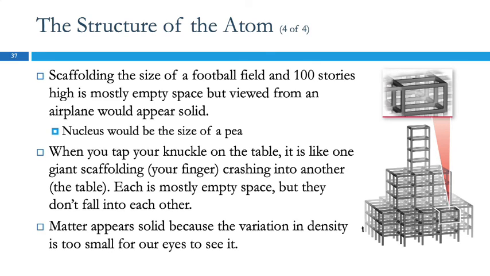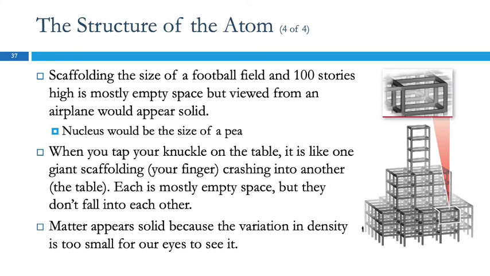So how does matter behave as a solid? Why does it look uniform? I mean, you look at this bench top, right? It's hard. And it doesn't look like it's made up of little particles with a lot of space in between, does it? It looks solid to us because that variation in density is on a scale that is way too small for our eyes to see.